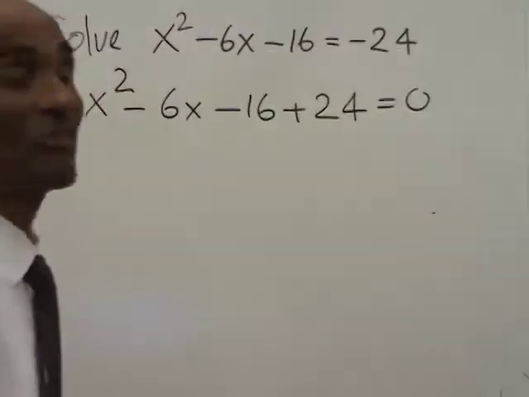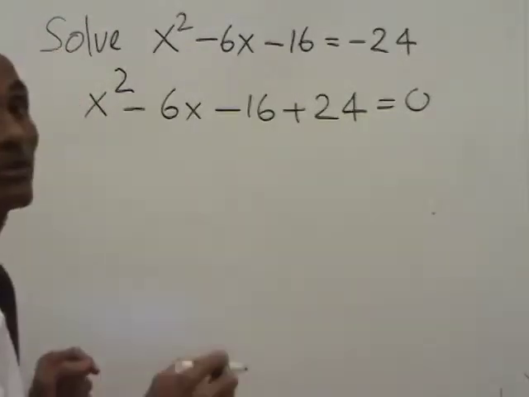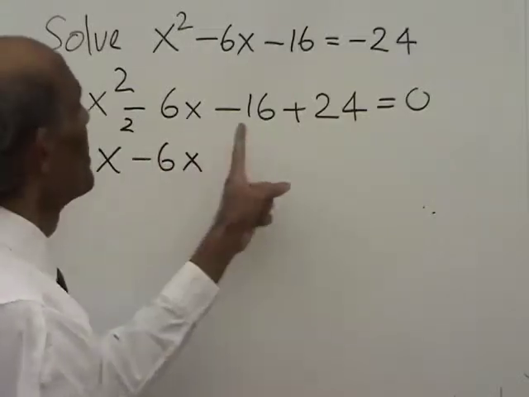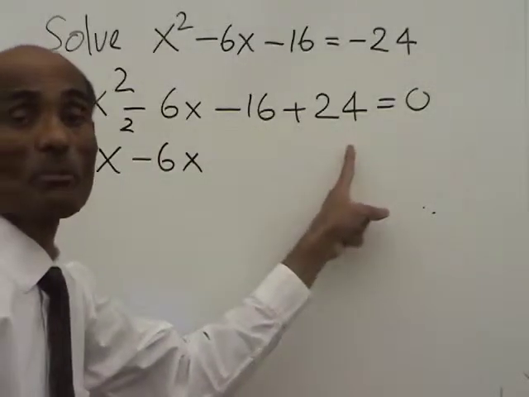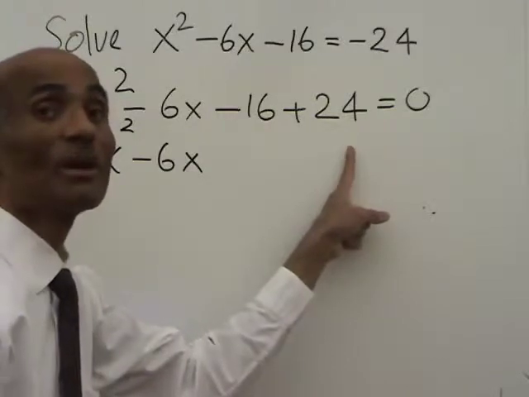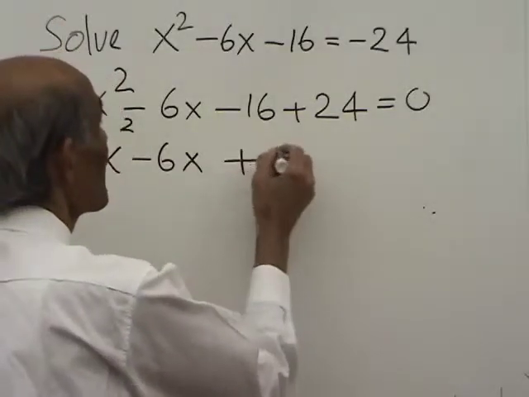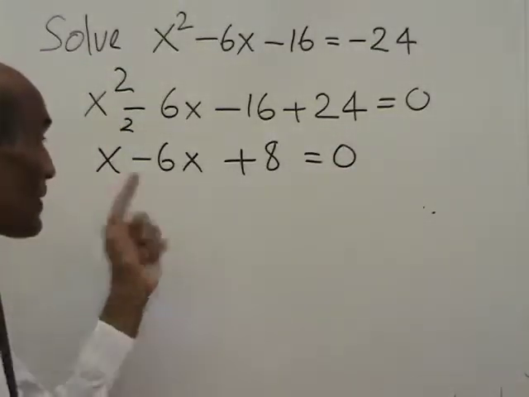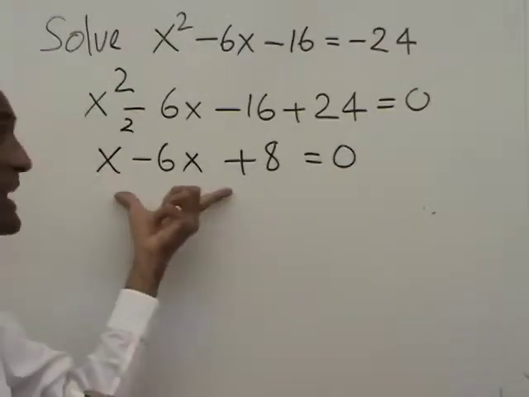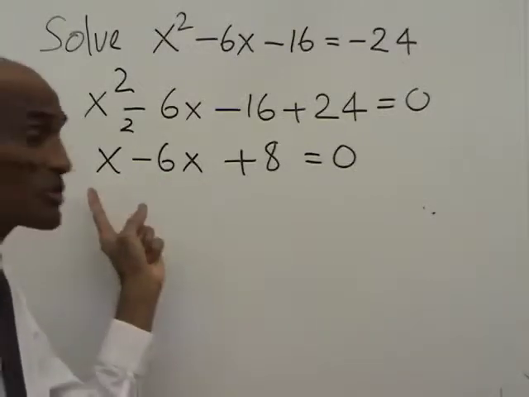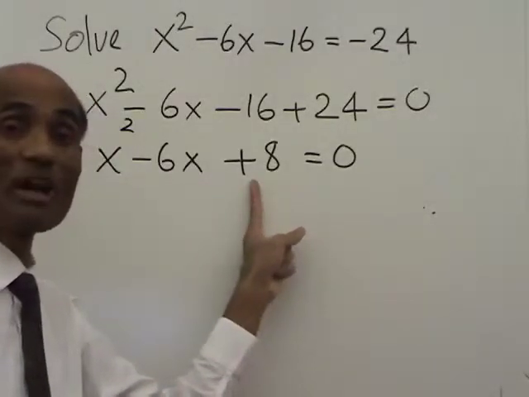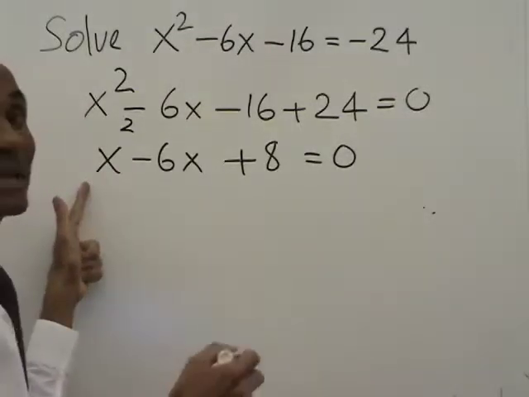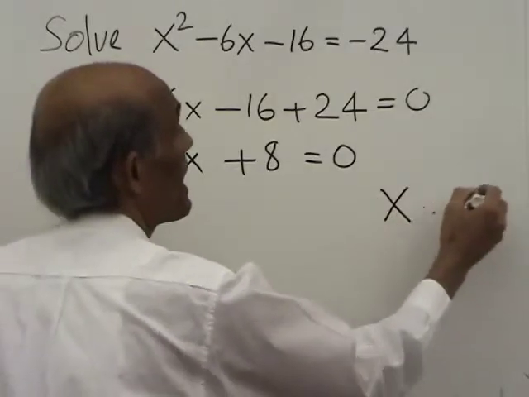Okay, what's the next step? Combine like terms. That will be x squared minus 6x minus 16 plus 24 is plus 8, equal to 0. And now, can you factor this for me? We need to factor the left hand side. Once we simplify the left hand side, this is a trinomial, we now factor. x squared can be factored as x times x.